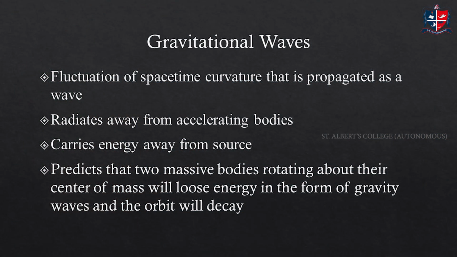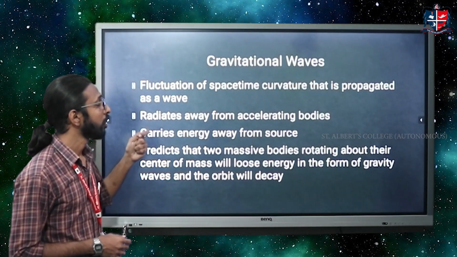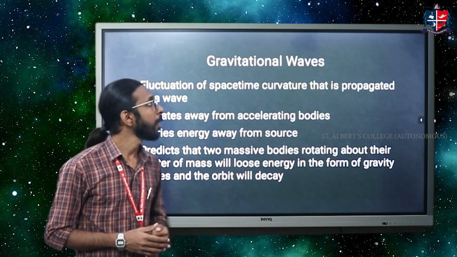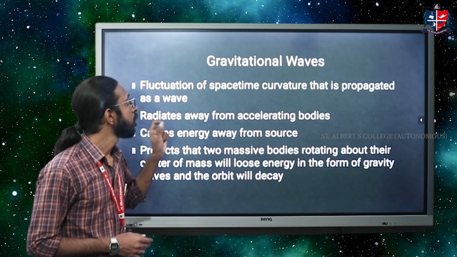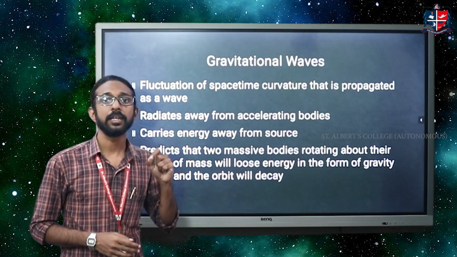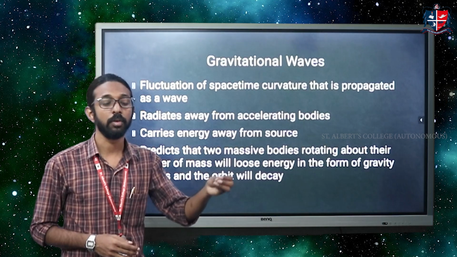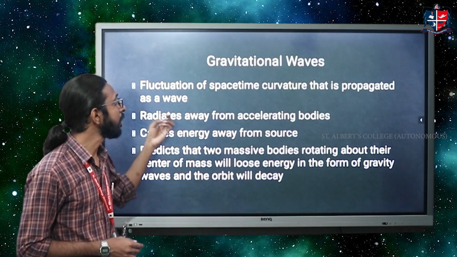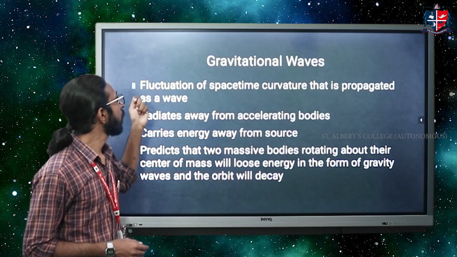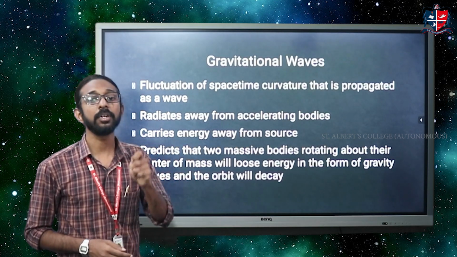Another one of the major predictions of the general theory of relativity is gravitational waves. Gravitational waves are similar to waves that we see on a pond, a river, or an ocean, but here it is the fluctuation of space-time curvature.